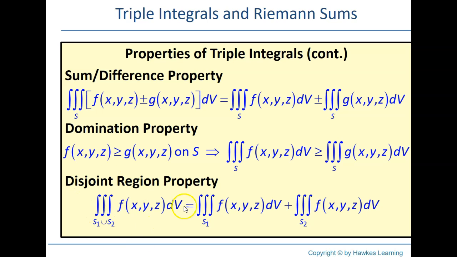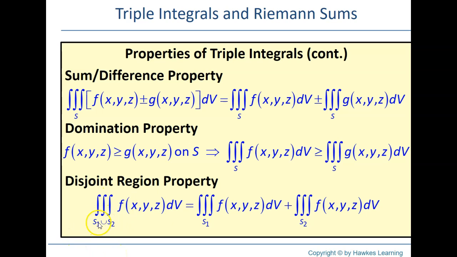Alright, this disjoint region property, this is like if we had to break apart a region, because when we're integrating, it has two different definitions, meaning like what's the upper function, what's the lower function, or if there's an asymptote or a discontinuity. This is the same thing in the fourth dimensional world.